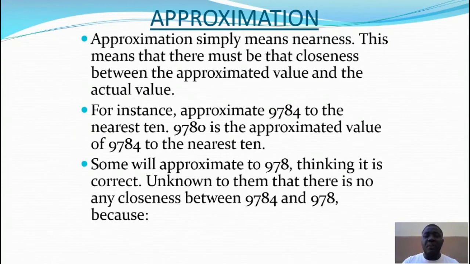But some students might approximate the value to be 978, forgetting to put that 0 there, unknown to them that the 0 they did not put has changed the figure completely. So it is no more the approximated value.